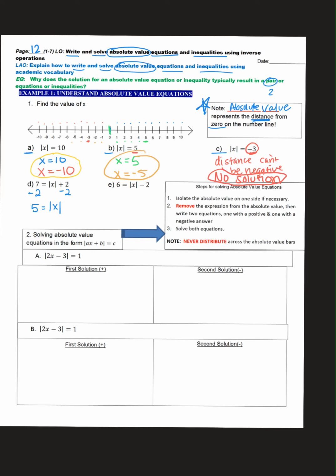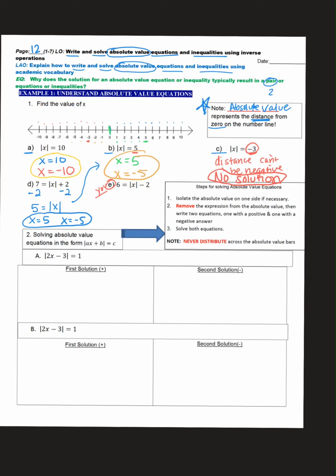And then, where am I going to be? 5 spaces right. If I go back to B, I know that if I go 5 spaces right, I get x equals 5. And if I go 5 spaces to the left, I get x equals negative 5. Those are my answers. What I want you to do is you try E. All right? Pause, and I will see you for number 2 of example 1.